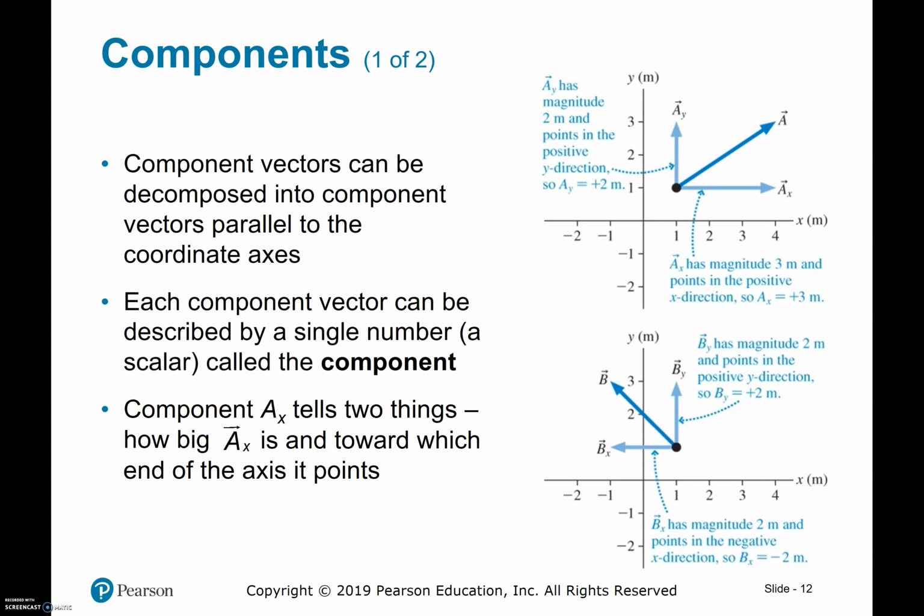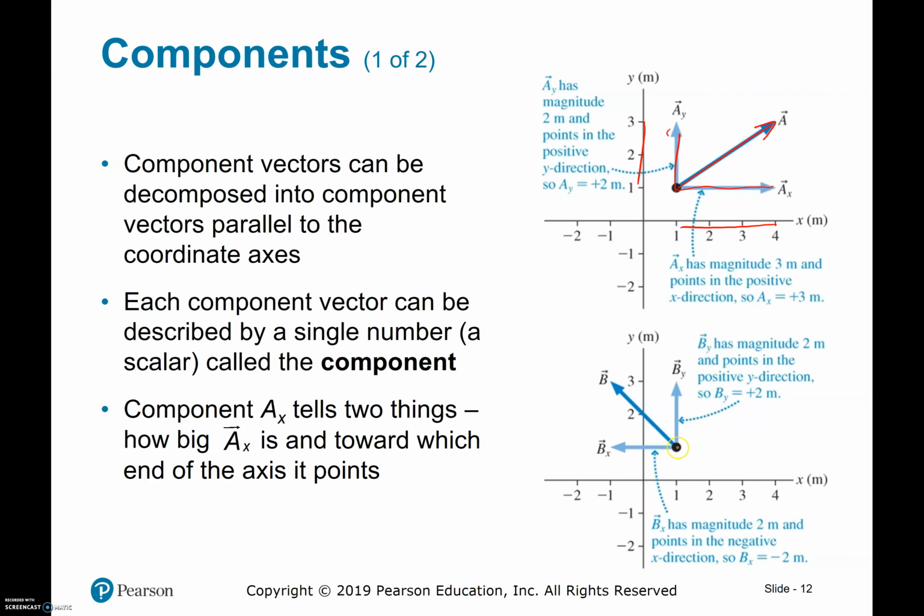But let's just do a little example here of components. So we have A, right? So A can be broken into this component plus this component. So the magnitude of AX is 3 here, and this one is 2.